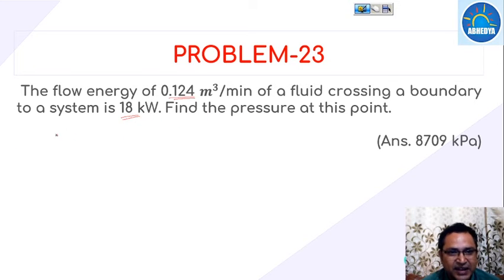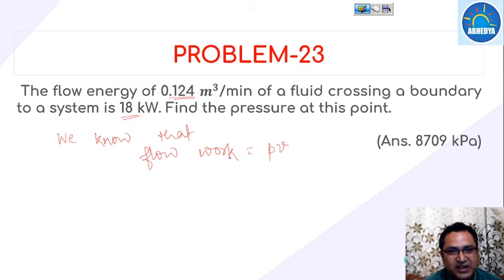So we know that flow work is nothing but it is equal to P into V, where V is the specific volume or total volume.